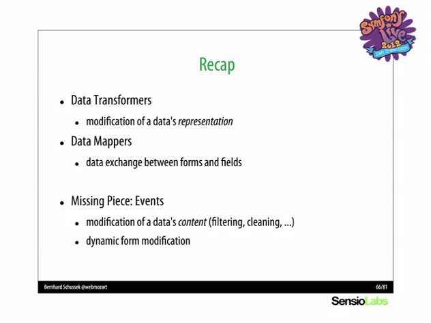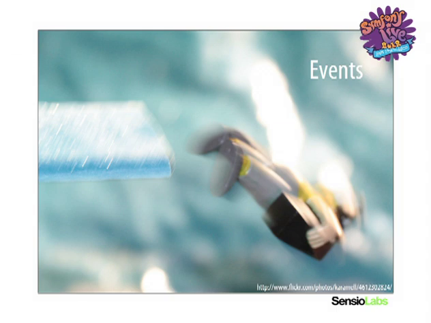And the last missing step I want to talk about today is events. Events make it possible to not change the representation of data, but to change the information that is contained within that data. You can do filtering, you can do cleaning, you can dynamically modify forms. Basically, events can be used for everything that you want to imagine, everything that needs to be dynamic or flexible. Okay?